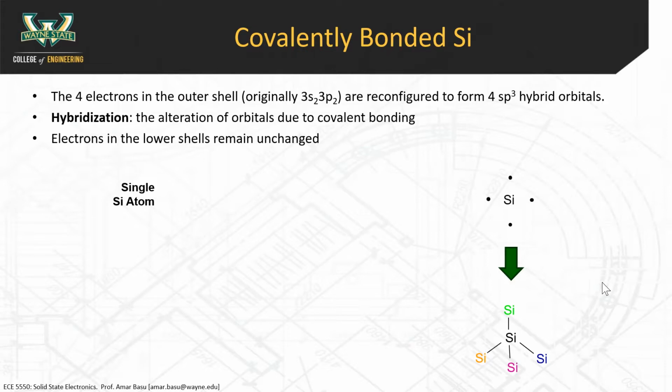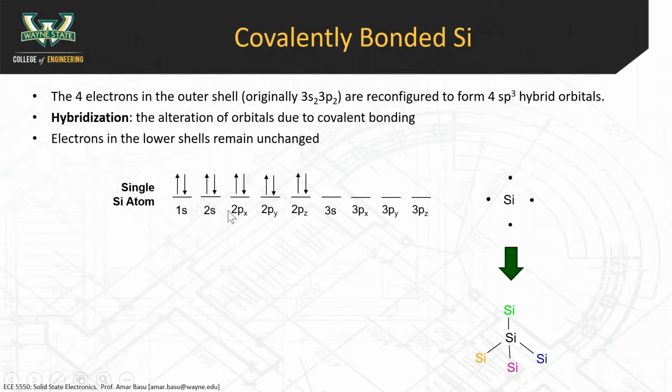All right, so we're going to talk about the electronic configuration of covalently bonded silicon. Let's first talk about the single silicon atom. With the single silicon atom, you had these electronic configurations that we just did at the end of last module. You had the electrons filling up these states, the 3s state, and then the 2 electrons in the 3p state.